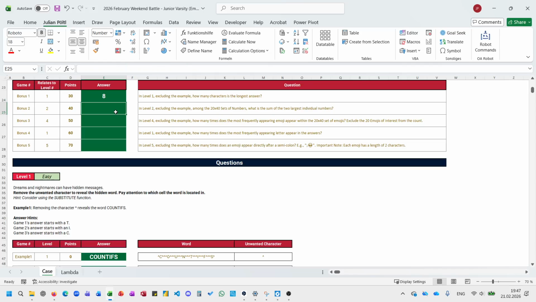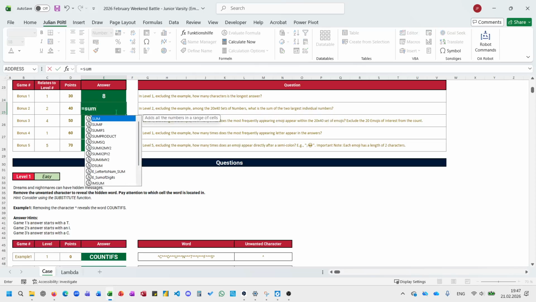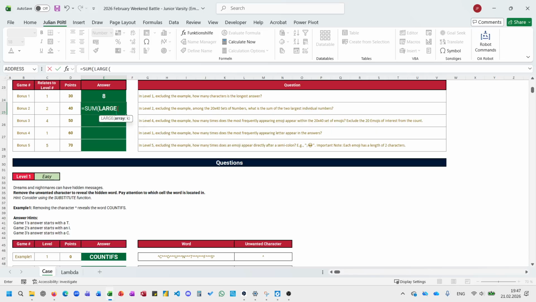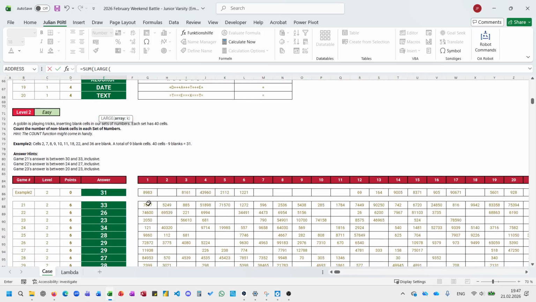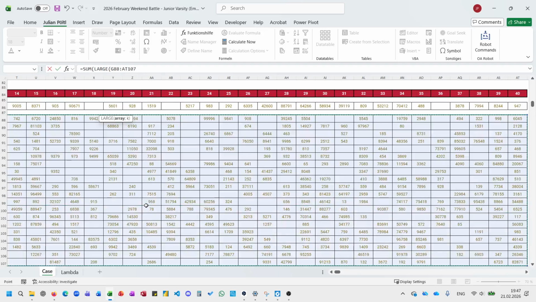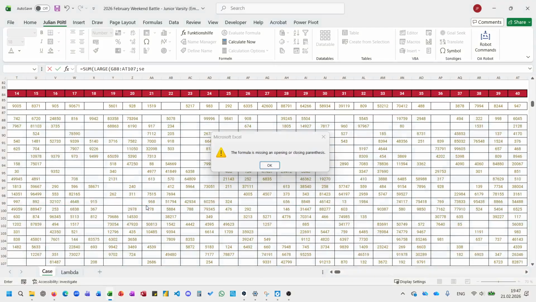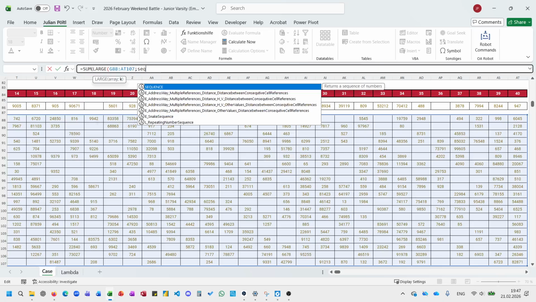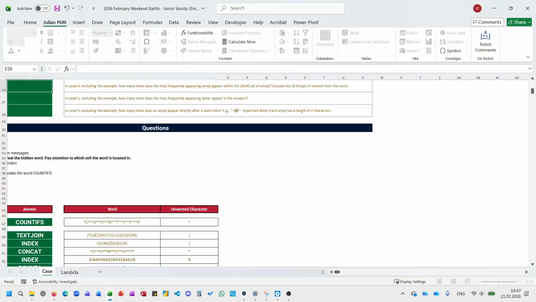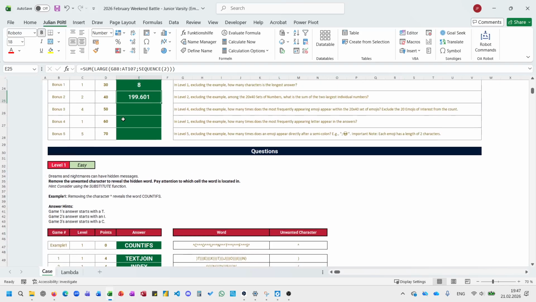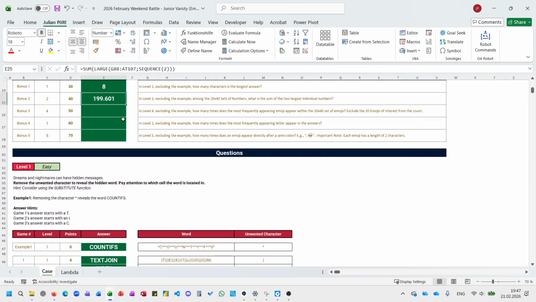What is the sum of the two largest individual numbers? Sum of large and then sequence 2. In level 4, excluding the example, how many times does the most frequent emoji appear?